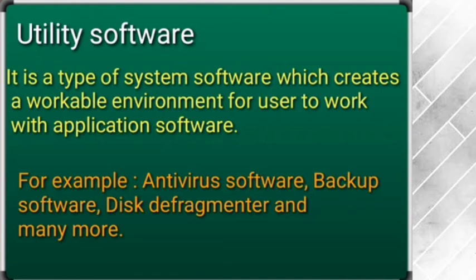The software categorized under utility software includes antivirus software, which helps to remove viruses from the computer. Backup software takes a backup of the files. Disk defragmenter fragments a large file into small files and keeps them in different parts of the disk, and whenever required, they can be accessed easily.